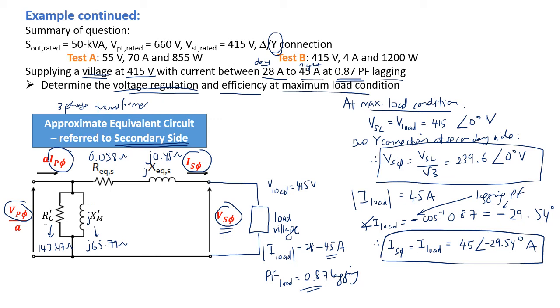Why we need this Vs phase and Is phase is because in order to find voltage regulation, the formula is Vp phase over a minus Vs phase, over Vs phase. So before we can get the voltage regulation, we need to find Vp phase over a.